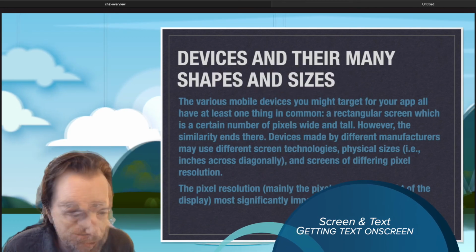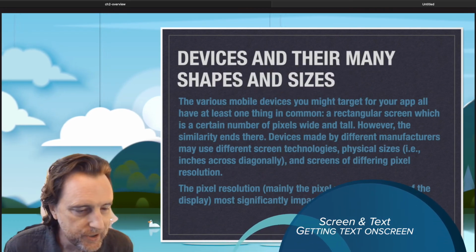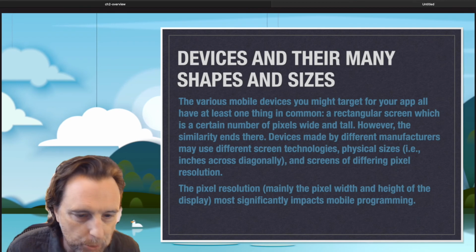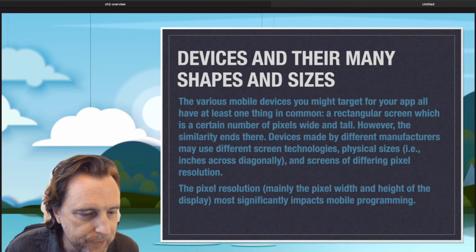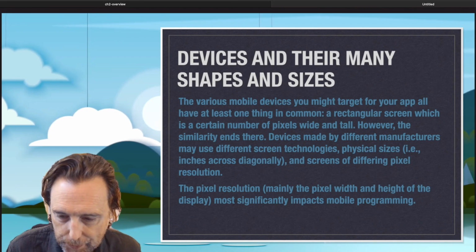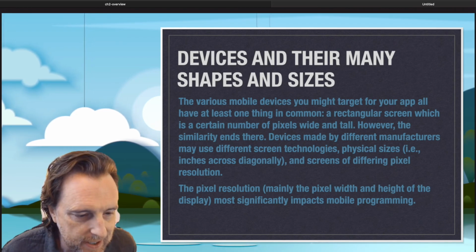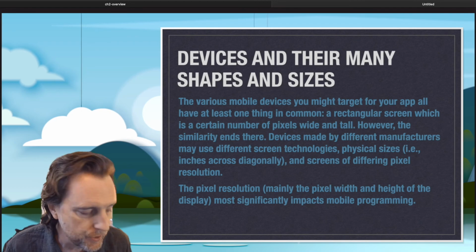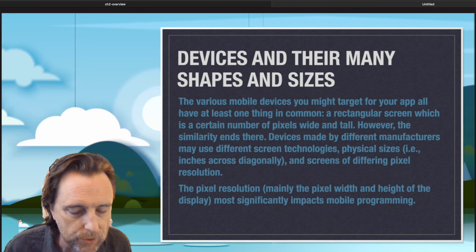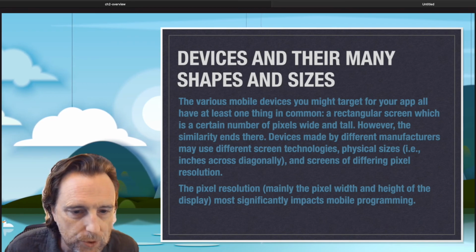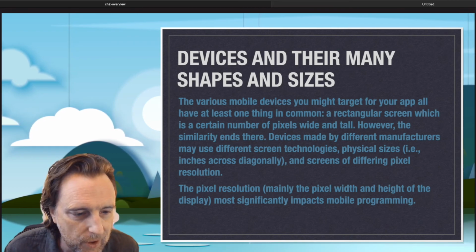All right. The purpose of this chapter is to talk about the screen on mobile devices and how we put stuff on the screen. And the running example in this chapter will be text. How do you add text to the screen? And so you might think, oh, wait a minute, I already did a hello world. I got the text hello world on screen.